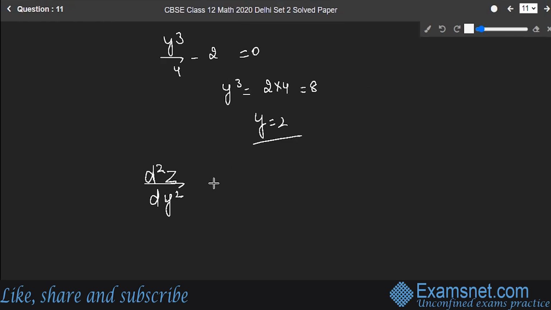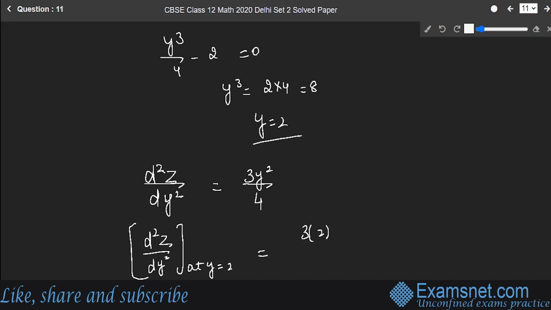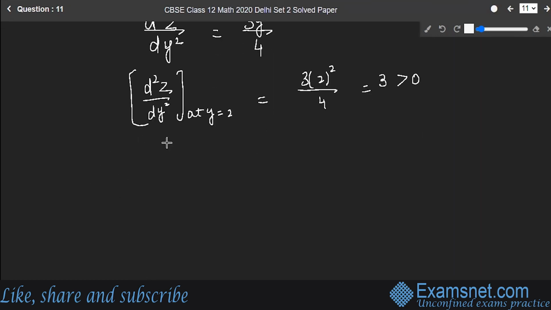So d square z upon dy square will be equal to 3 y square upon 4. The second derivative at the point y is equal to 2 will be 3 into 2 square upon 4, which is equal to 3. And 3 is greater than 0. That means z has a minimum value because this is positive. Therefore, z has its minimum value at y is equal to 2.